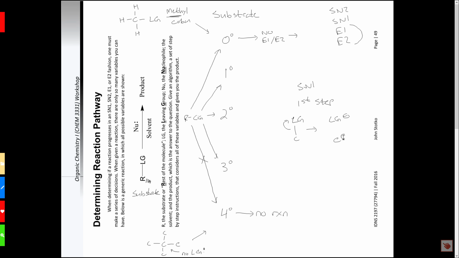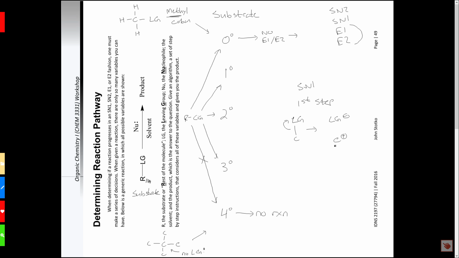So your substrate, that carbon, has to be stable with the C plus. And we've already discussed that stability of that carbocation depends on how many carbons are connected to it. In particular, the more carbons, the better. You want more electron clouds around your C plus so that it can share with one another through hyperconjugation.